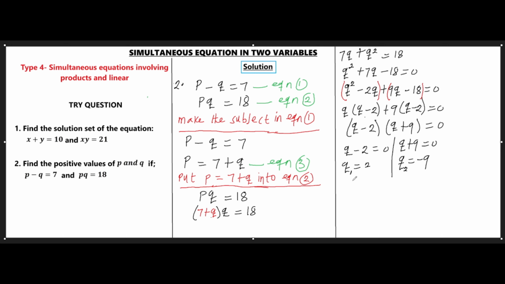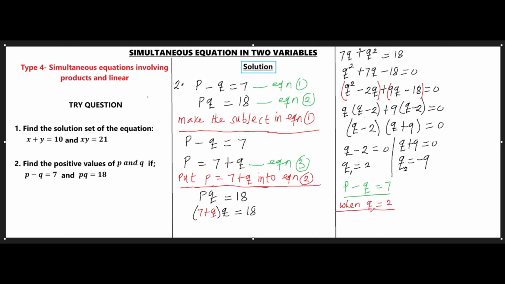Equation 1, we have p minus q is equal to 7. We are going by this. When q is 2, what happens?